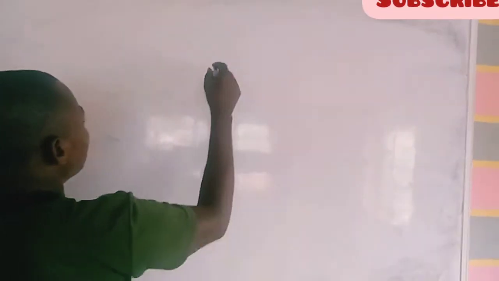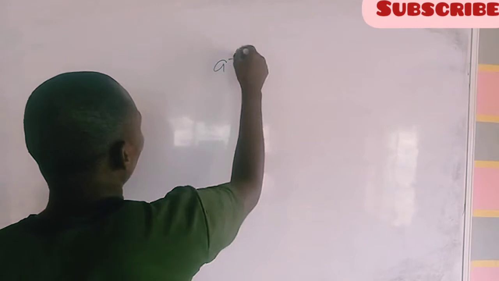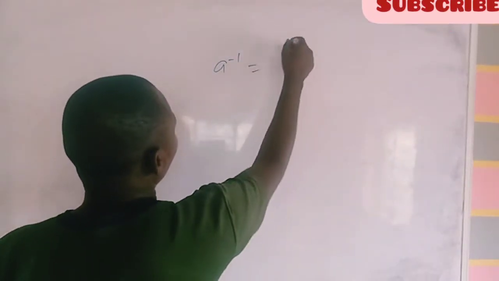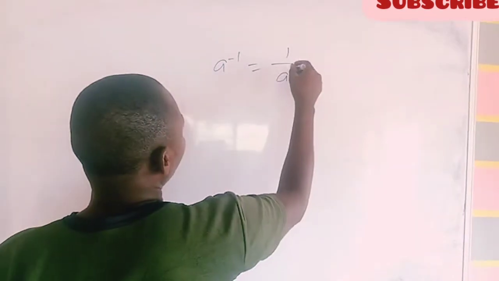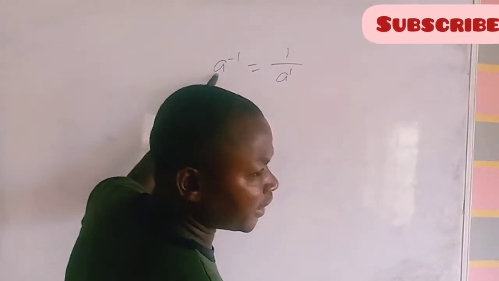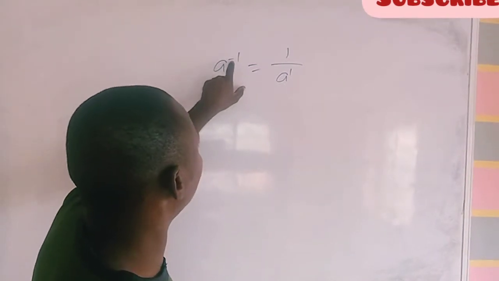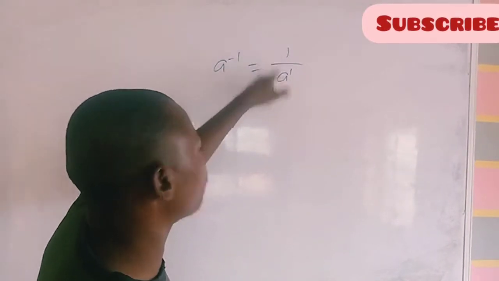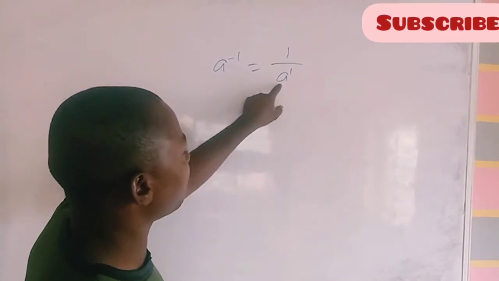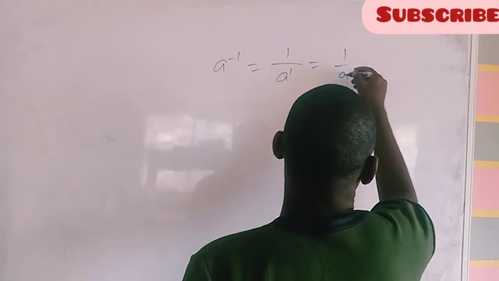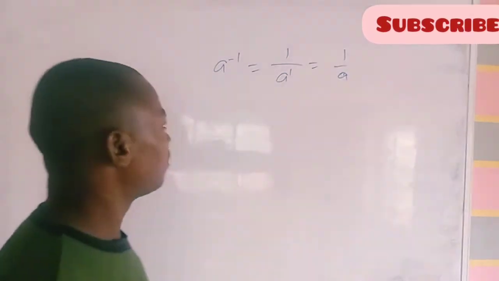Look at a raised to the power minus 1. A raised to the power minus 1 is going to give us 1 over a raised to the power 1. So this is a, which is that thing. This minus will now turn to 1 over. So by the time a raised to the power 1 is just a, we are going to have 1 over a. Okay?